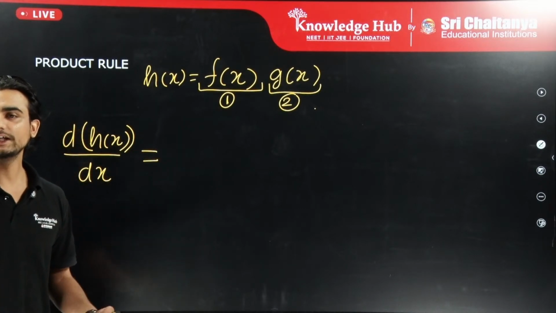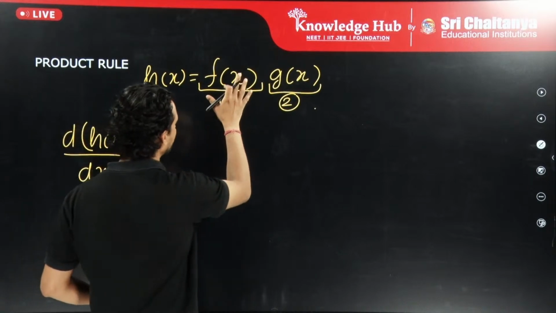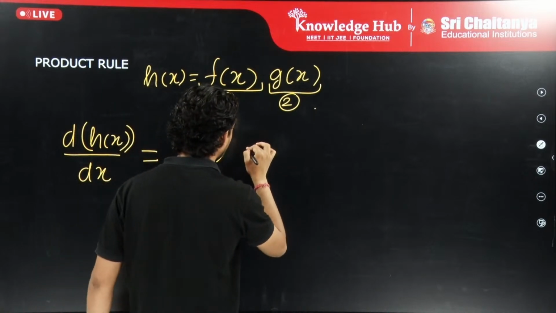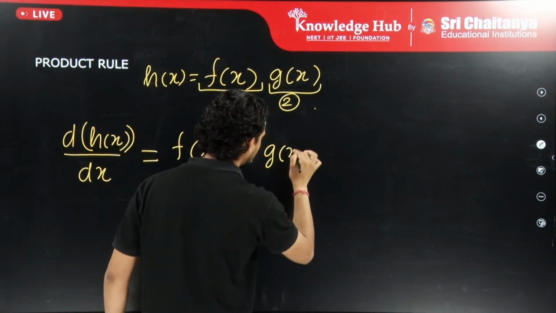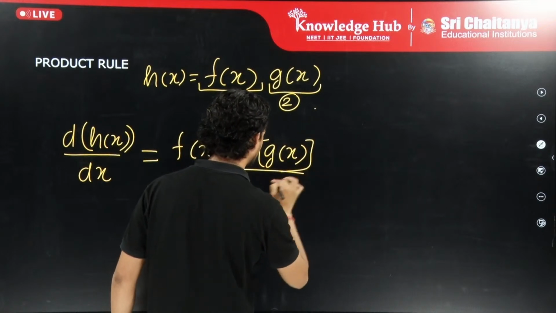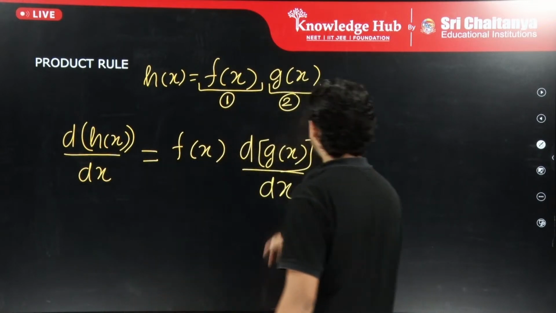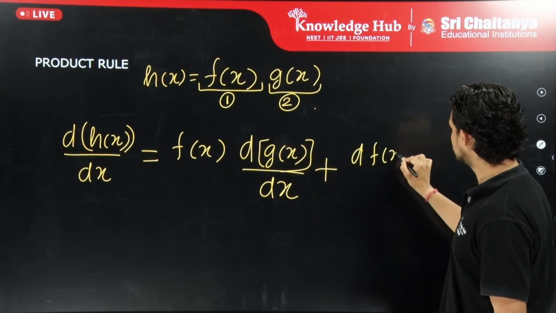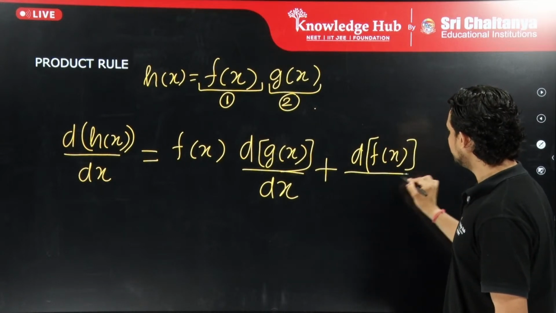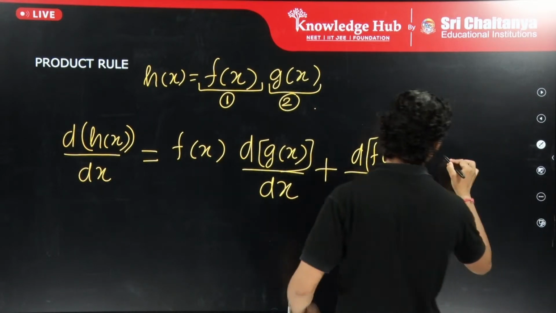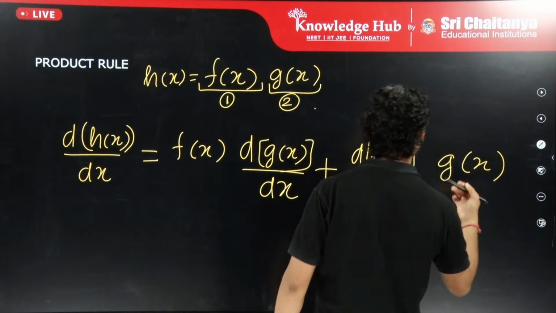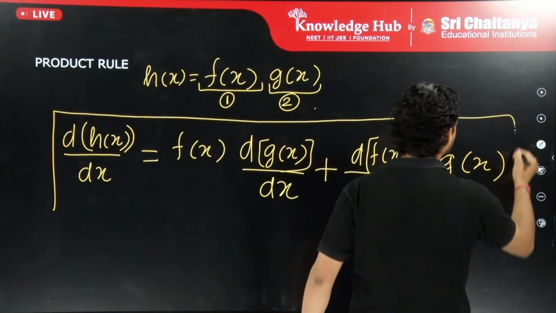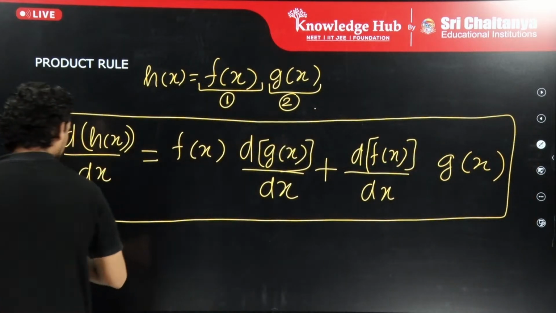In this formula we keep one function as it is and differentiate the second function, plus, now I'll differentiate the first function and keep the second function as it is. So this is how you differentiate when two functions are in multiplication form.